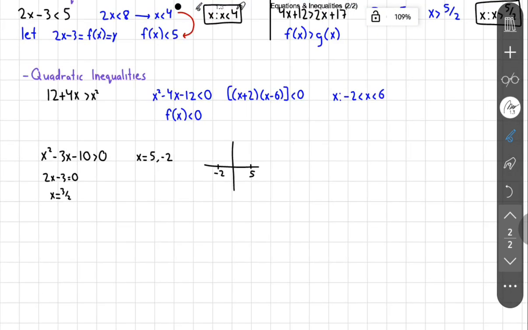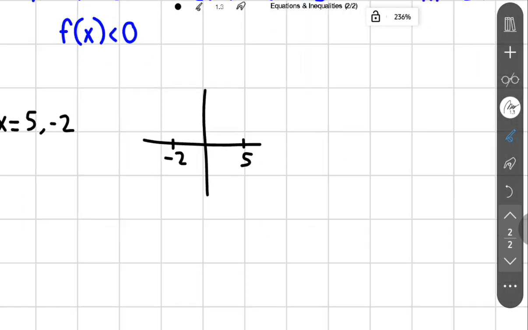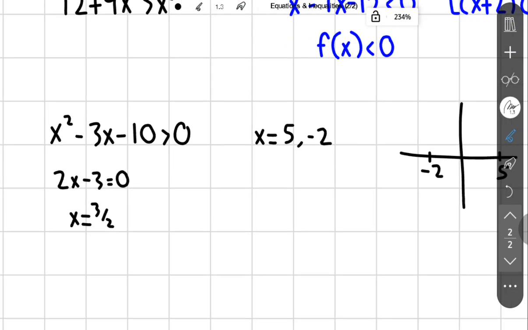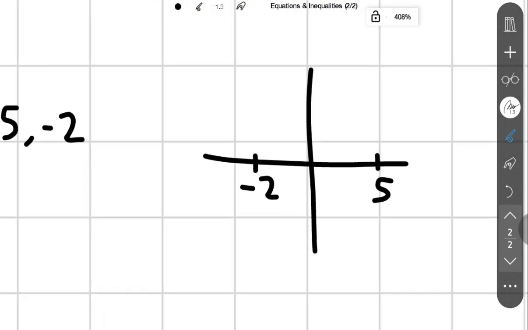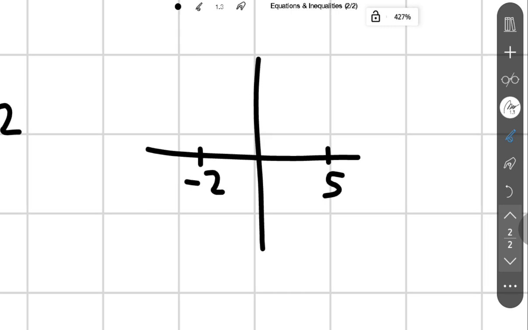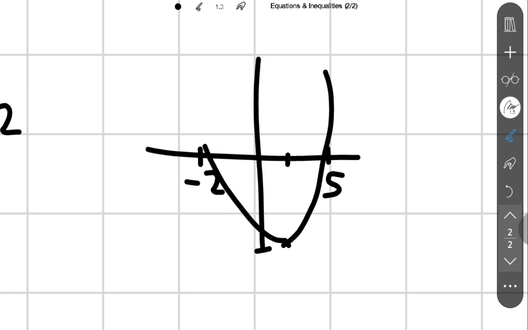So at x equals 3 over 2, we could say it's somewhere around here, and we could just plug it into the main function so we can get its y coordinate for its turning point. We have 3 over 2 all squared minus 3 times 3 over 2 minus 10. That's going to be negative 49 over 4, which is more than 12, I'd assume. So you could say somewhere here, for example, and here. So somewhere like this.